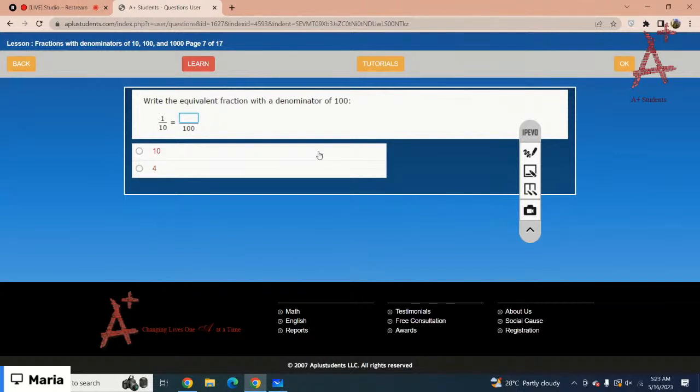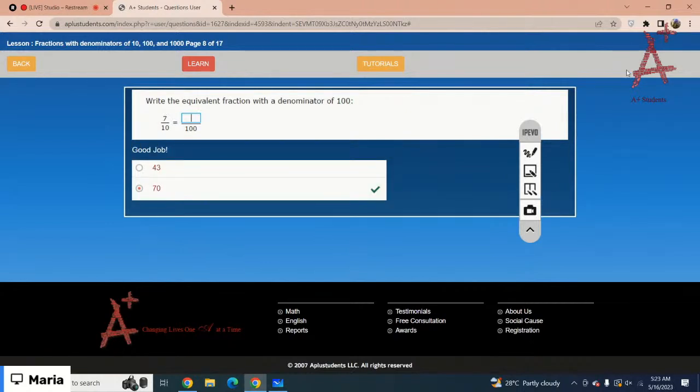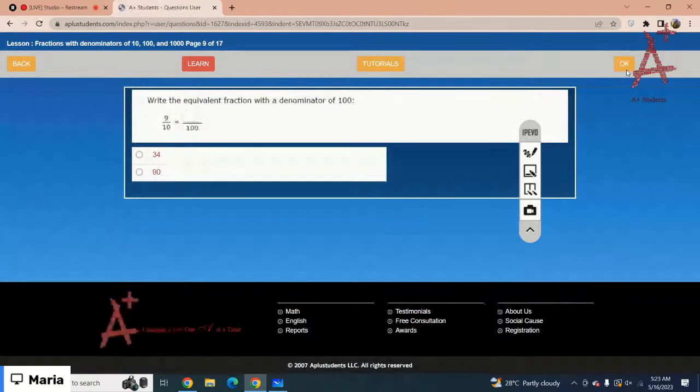Yes, that would be 10 over 100. Next one: it would be 70 over 100.